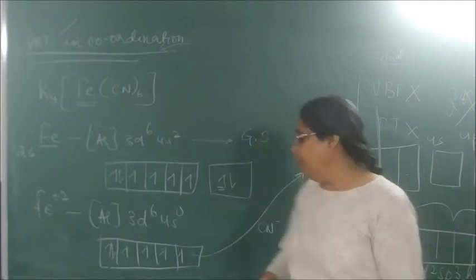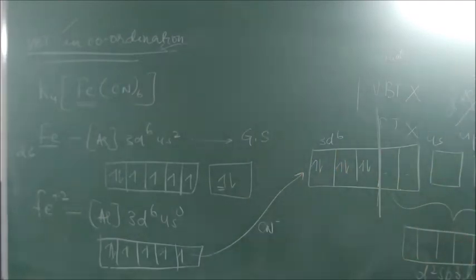Now what we will do? This empty orbital will now take the electrons of the ligand, and that is how it will become paired. Understood? So 6 CN minus will each give a pair of electrons. So total number of electrons, how many? 12 electrons are accommodated.